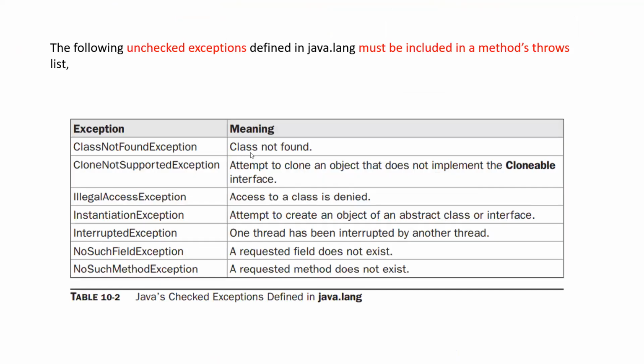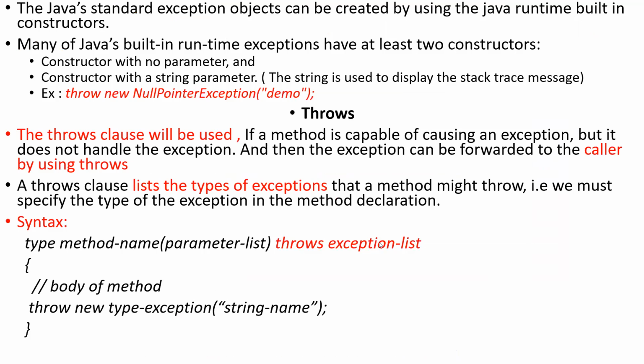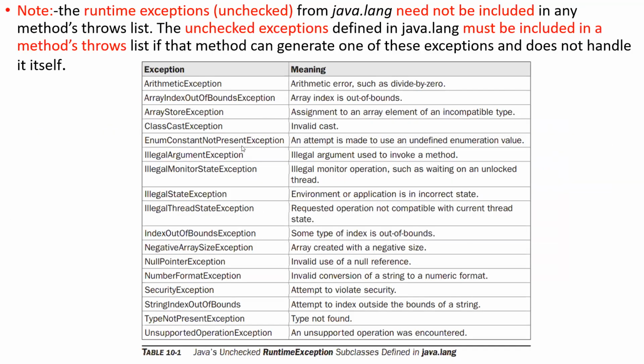If at all any exception belongs to the other table, then the throws keyword must specify that one in the declaration part. వీటిలో ఏదన్నా ఒక ఎక్సెప్షన్ వచ్చిందంటే అప్పుడు థ్రోస్ కీవర్డ్ ఆ డిక్లరేషన్ లో స్పెసిఫై చేయాలి. ఇప్పుడు ఎన్ని ఉన్నాయంటే 1 2 3 4 5 6 7 8 9 10 11 12 13 14 15 16 17. So 17 exceptions are there. If at all an exception belongs to any one of these 17, then with the throws keyword we need not specify anything in the method declaration part.